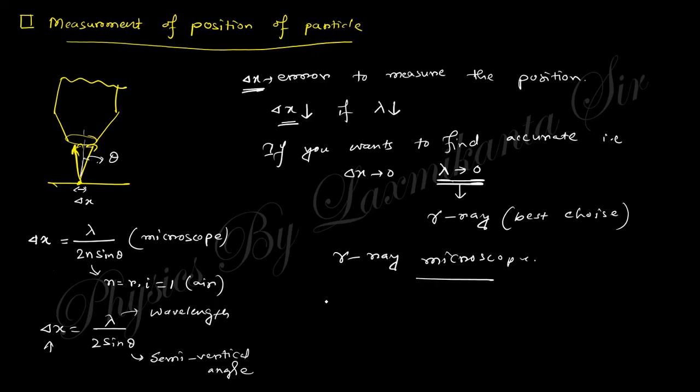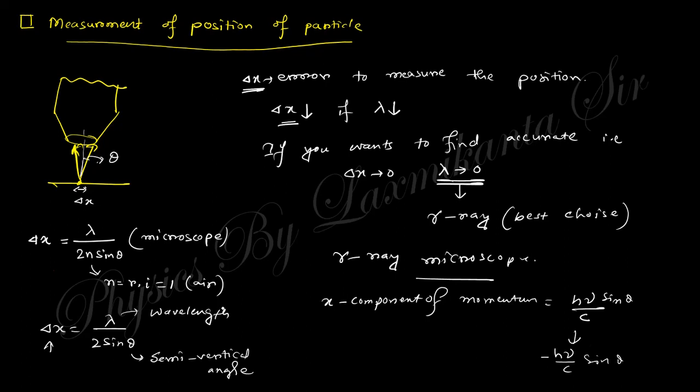The x component of momentum is h nu sine theta by c, where h nu by c is from relativistic mechanics. This momentum lies between h nu by c sine theta and minus h nu by c sine theta.